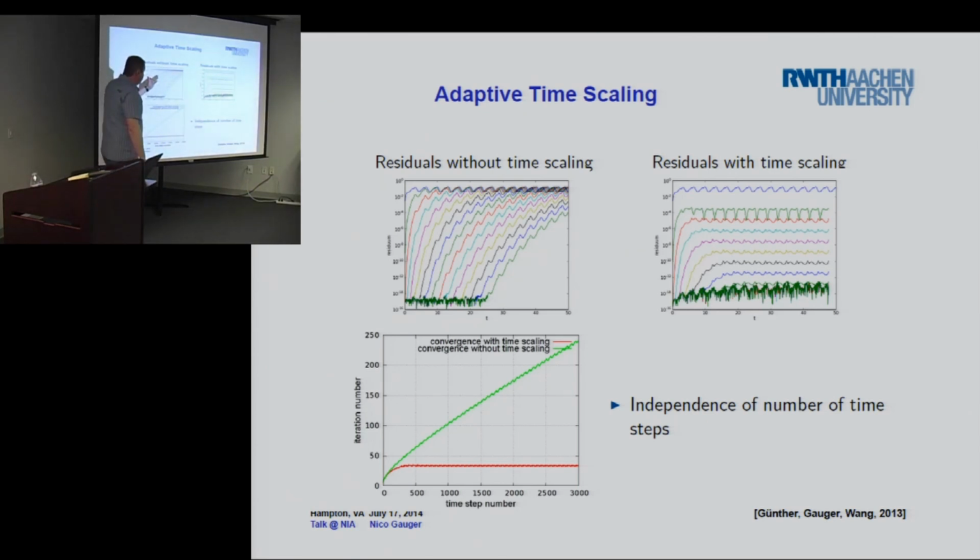The good thing is, with this time rescaling, I have the residual error independent of the length of the physical time domain. So this is without time rescaling here, the convergence of our scheme, and this is with time rescaling. So with time rescaling, we have independence of the number of time steps. So your time step becomes smaller as you progress?